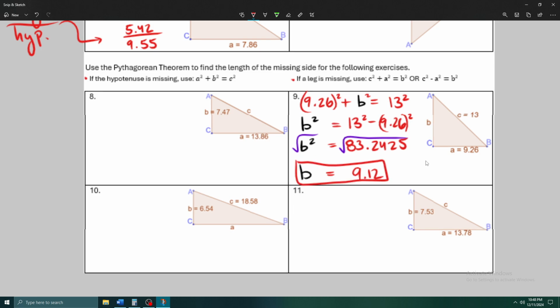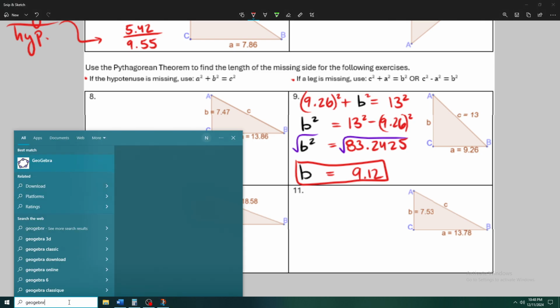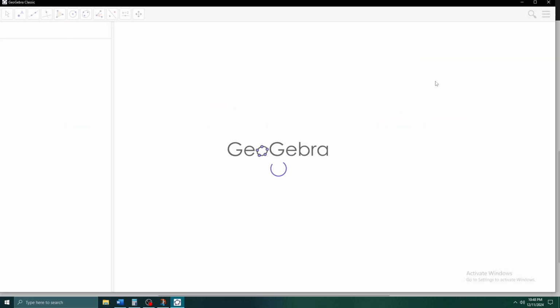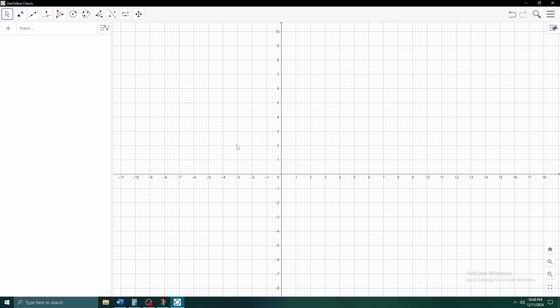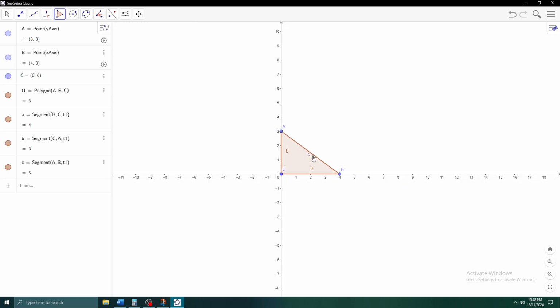And I can actually show you this on GeoGebra. I wonder if it'll let me make a right triangle. I don't care about a grid, don't care about the axes.